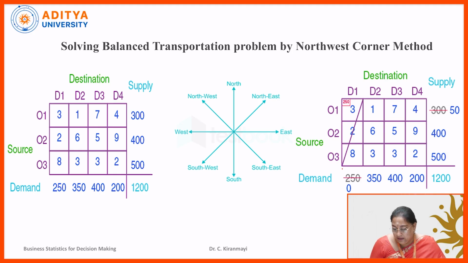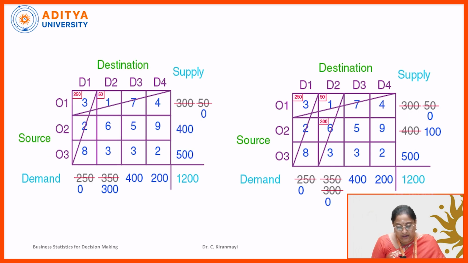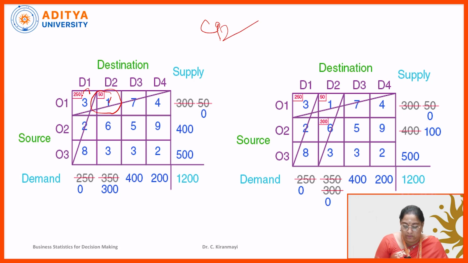Next, in the remaining matrix we have to consider, this is going to be the 1, 2, that is first row, second column. This cell 1, 2 is going to be the northwest corner. So, for this corner we have to make allocation.